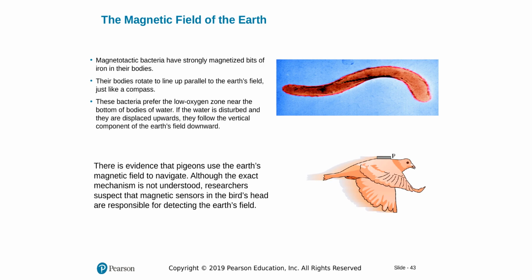There are a lot of creatures that have tiny bits of iron inside them, and those irons are affected by the Earth's magnetic field. These magnetized irons align along the Earth's magnetic field and help those creatures understand the direction they're going.